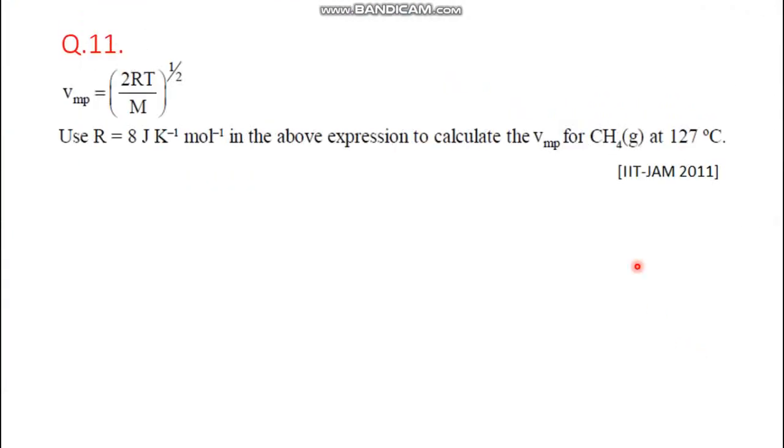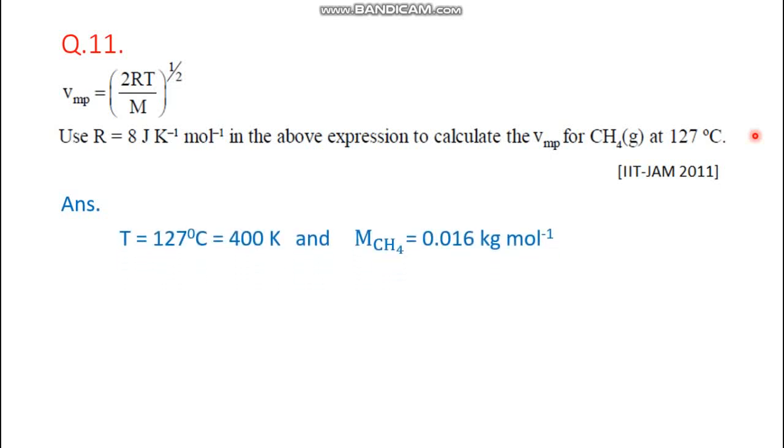Now question number 11. This came in 2011 JAM, and here instead of C, the term V is used. All are the same. So Vmp means the most probable velocity, root over twice RT by capital M. Here the value of R is taken to be 8 joule per Kelvin per mole, and you have to calculate the most probable velocity for methane gas at 127 degrees Celsius. The temperature is 400 Kelvin, and the molar mass of methane in SI unit is 0.016 kg per mole.